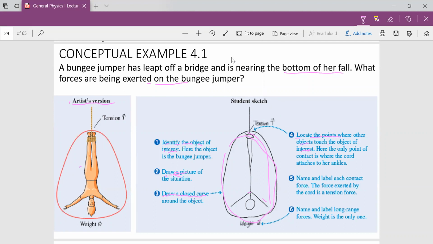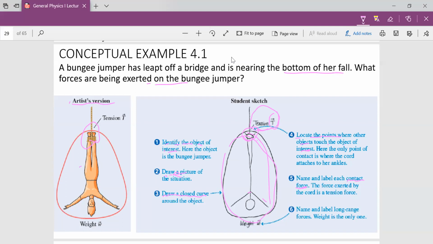So we see the rope touching the leg, tied to the leg of the bungee jumper. We made the sketch of that rope and we labeled it. We labeled the contact force identified. Okay, so the contact force identified in this case is called tension. And we put the symbol of tension with an arrow showing that it's a vector.